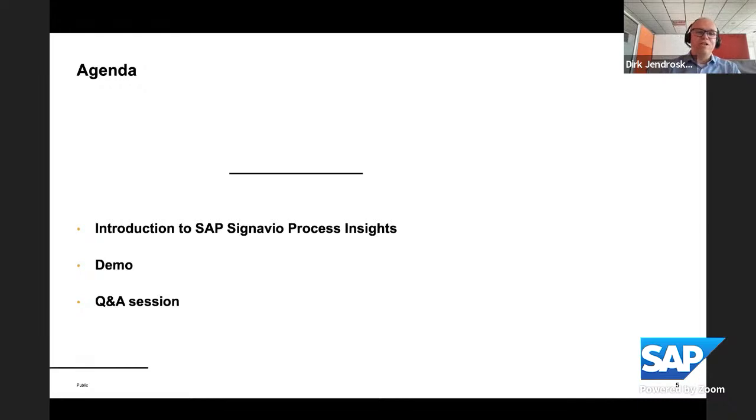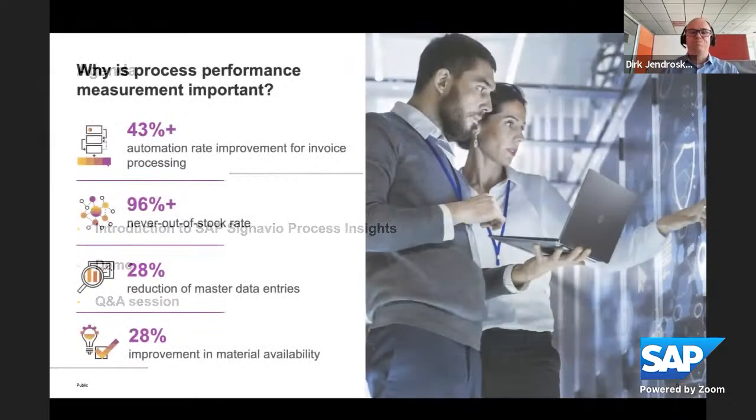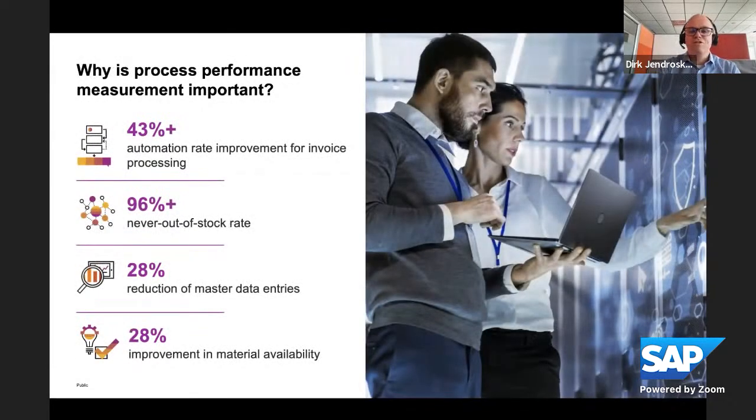So let's get started. Why should you care about process performance measurement? Just a couple of examples. If you do process performance measurement right and you improve your processes, you can increase the automation rate, for example for invoice processing, by 43%. The never out of stock rate can go up to 96%.